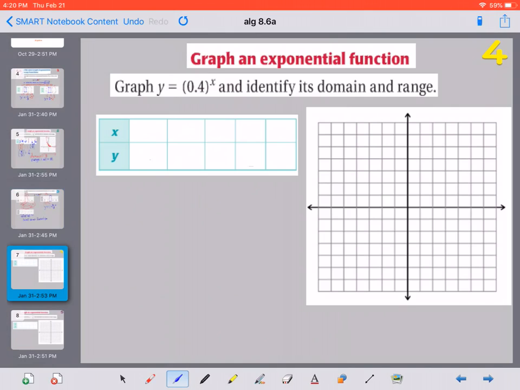Alright, this one we have 0.4 to the x power. We want 0, 1, 2, -1, -2.